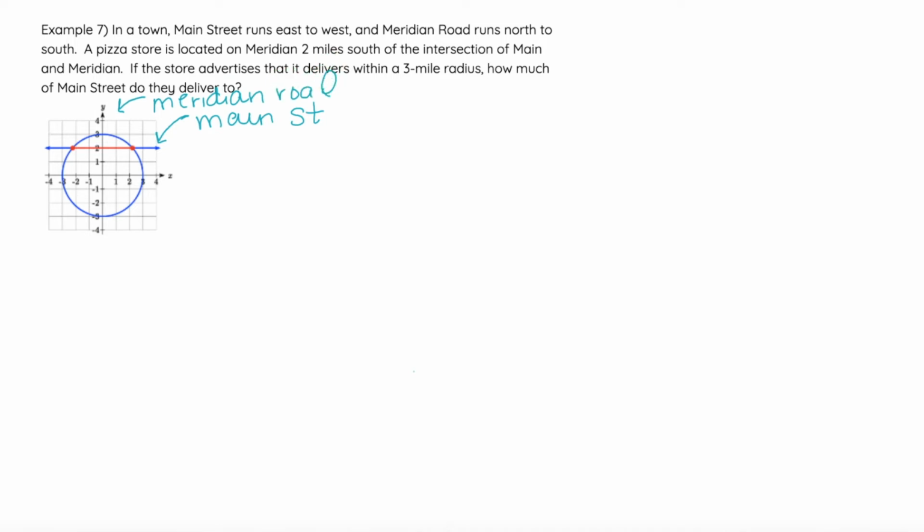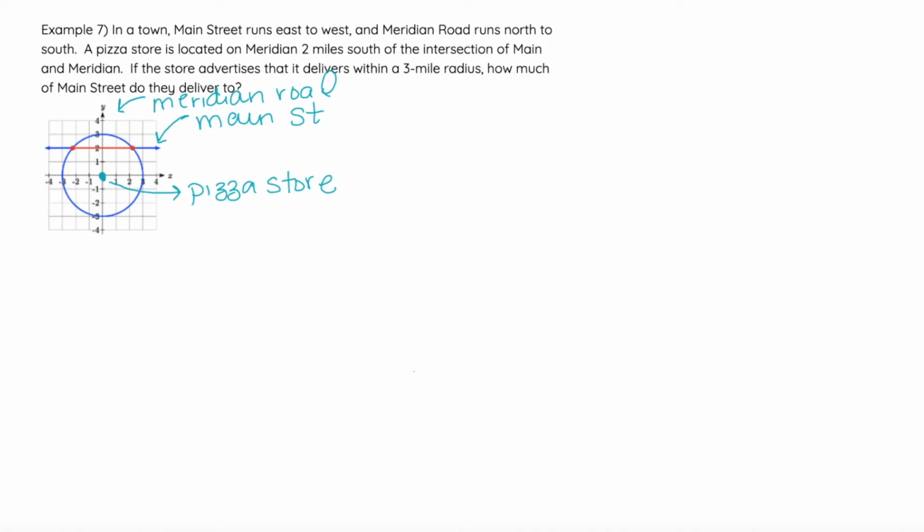Since the pizza store is located on Meridian, 2 miles south of the intersection of Main and Meridian, we can assume that the pizza store is at the origin, which is helpful when we're writing an equation. Further, we know that it is a radius of 3 miles.